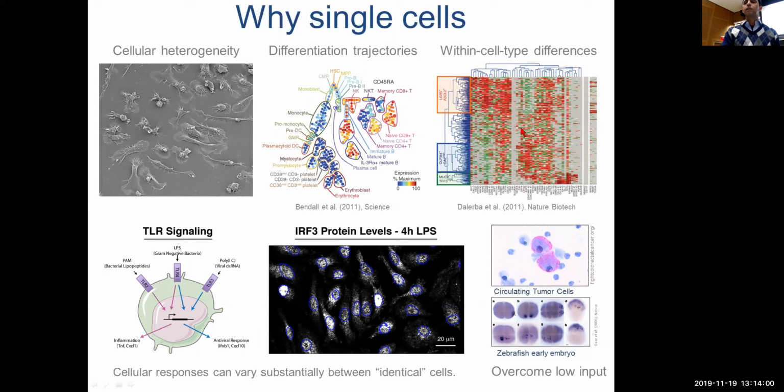Being able to understand differences, not just between cell types, but also within a cell type. What is the diversity of responses of individual cells of the same type? Namely, every single one of these circles is not just a bunch of points in the same dot. There's a continuum in every single one of these cell types.